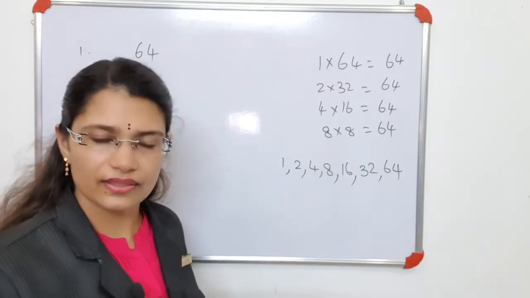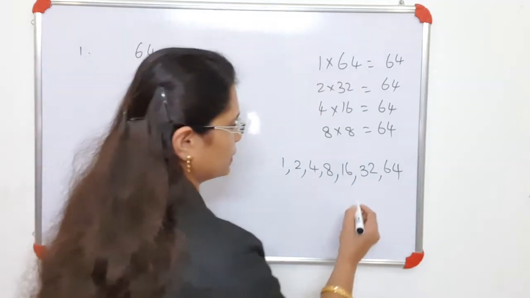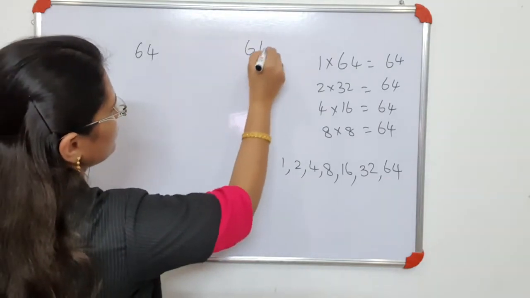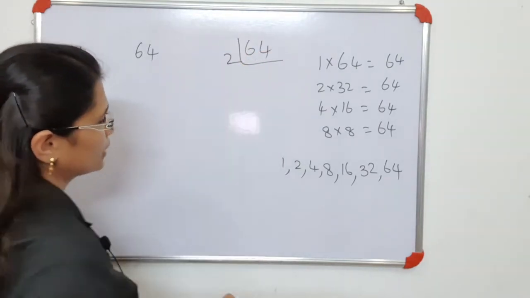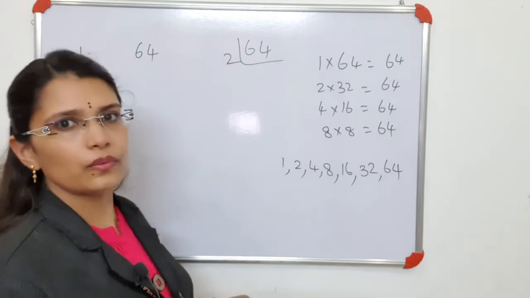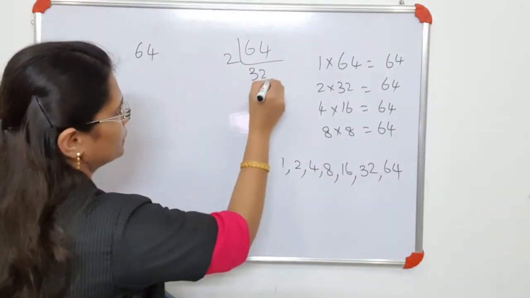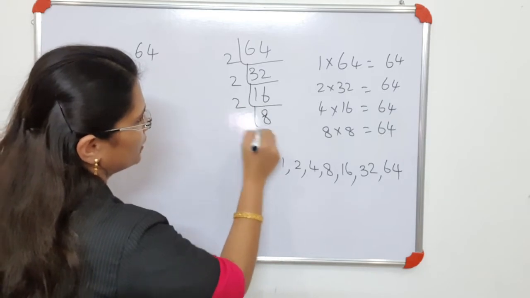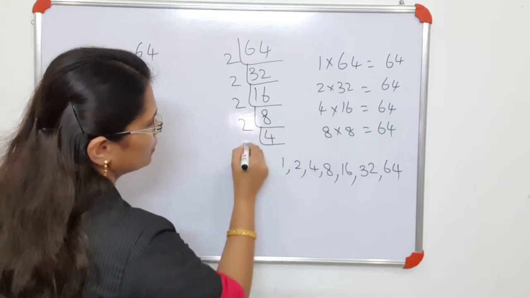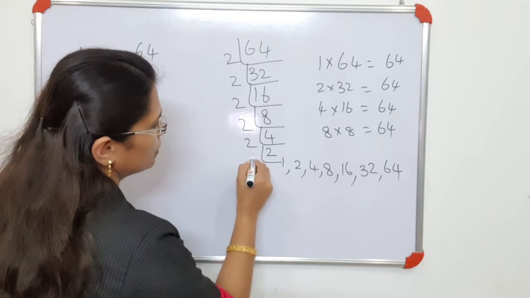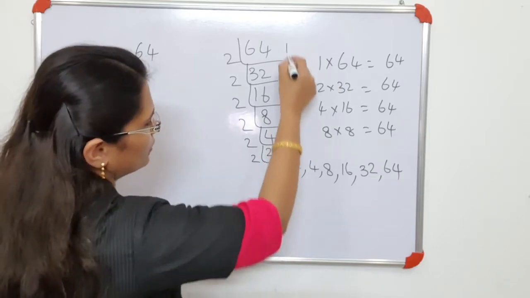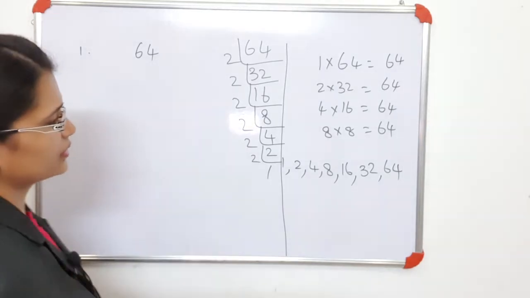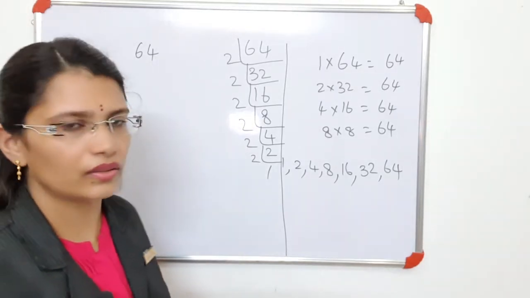How can you do the same thing in the prime factorization method? 64. Take the smallest prime number 2, then 32, 2 16, 2 8, 2 4, 2 and 1. Right? This is the prime factorization method. Okay?